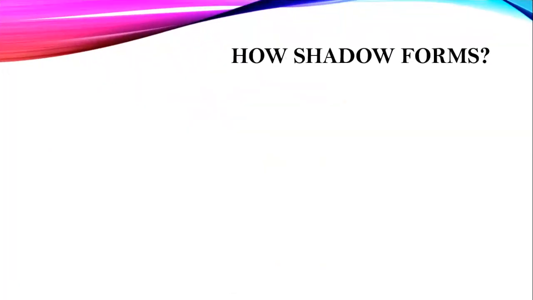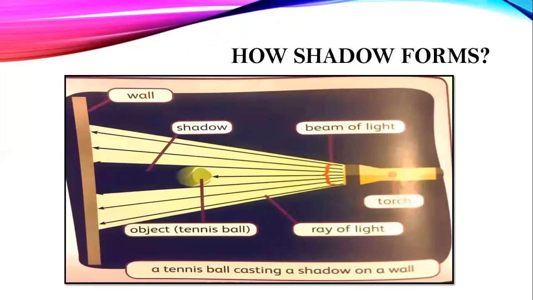How does a shadow form? Please concentrate on this picture and try to understand what I'm saying. However, I'm going to say it one more time, written in front of you. But please try to imagine the mechanism while I'm explaining using the diagram.